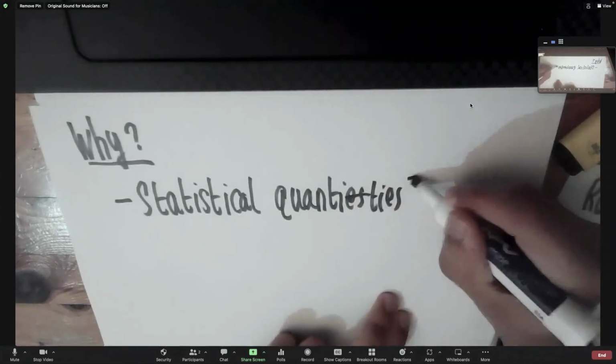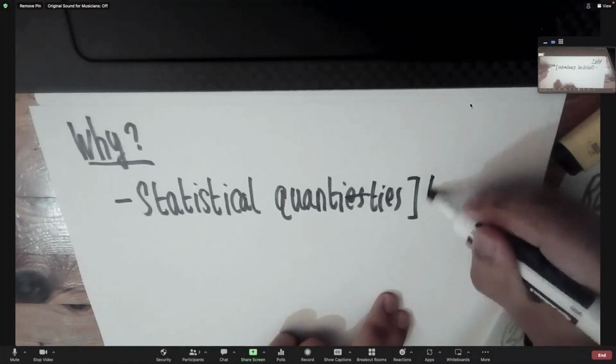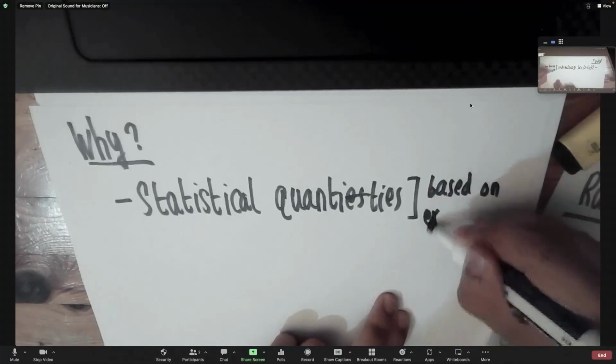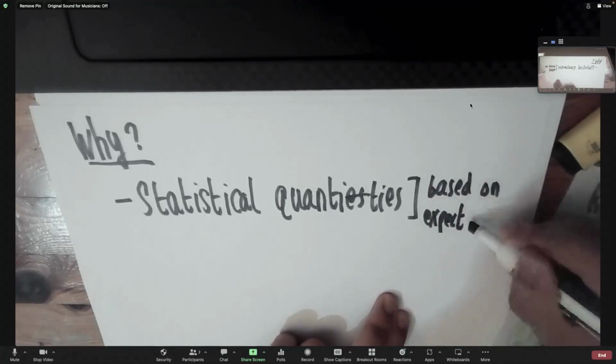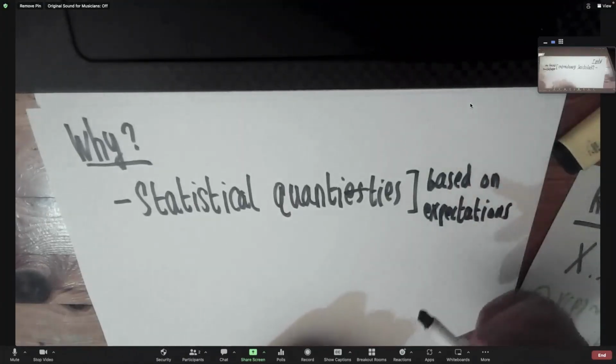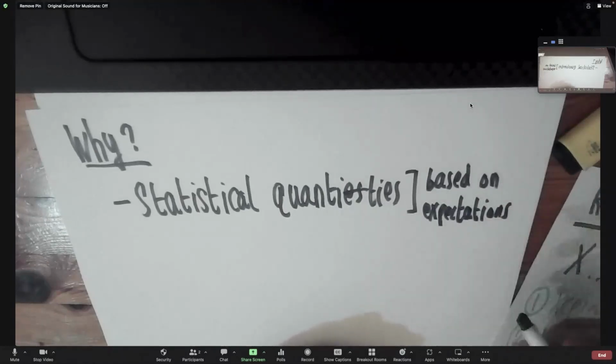Statistical quantities basically mean things that are constructed using averages, so they're based on expectations. And you may want to find a p that minimizes some expectation and so forth.